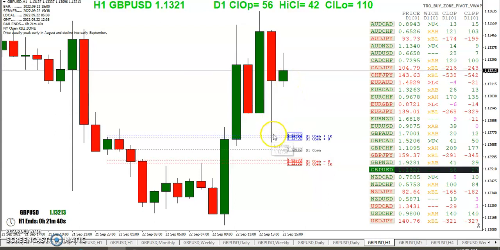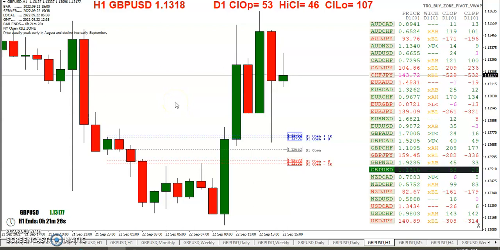And you can see here the buy zone. When you're looking for trades, once again, if you want to look at the buy zone, you can see how far price is away from the open. So close to open, 51 pips.